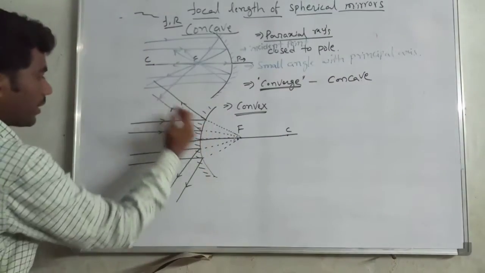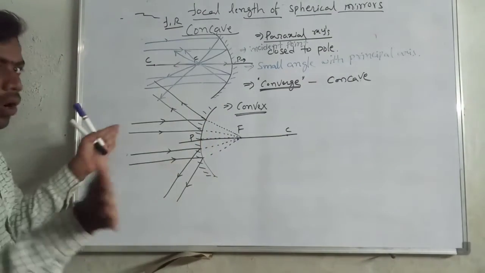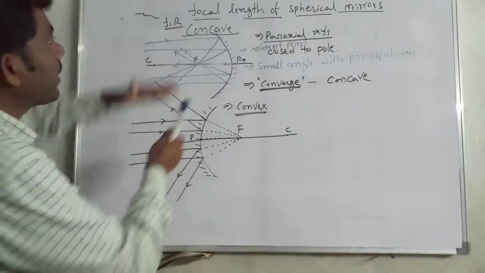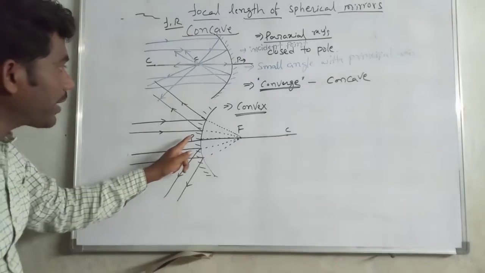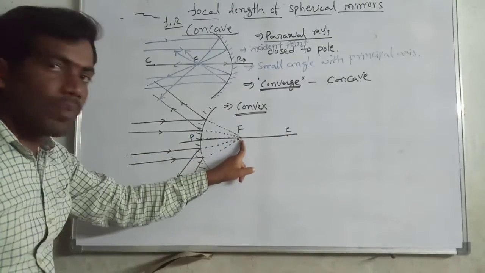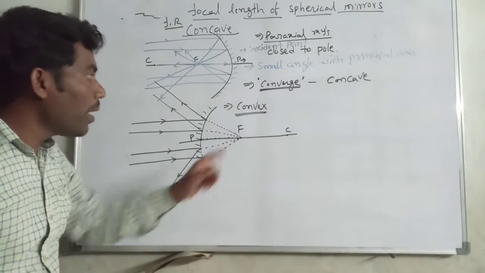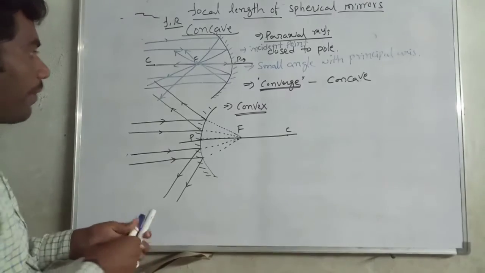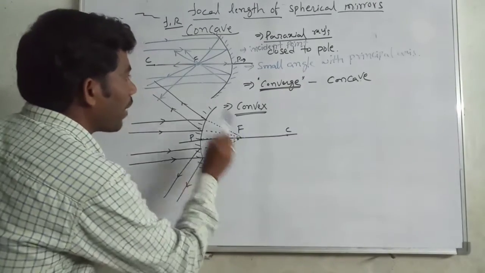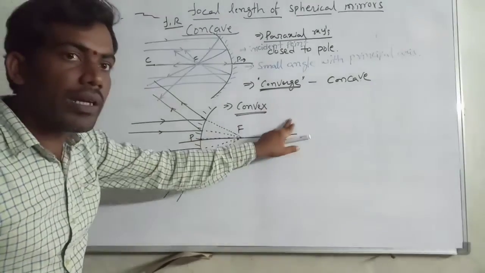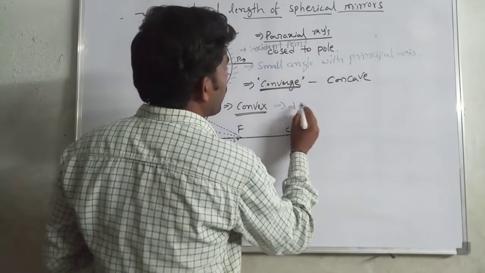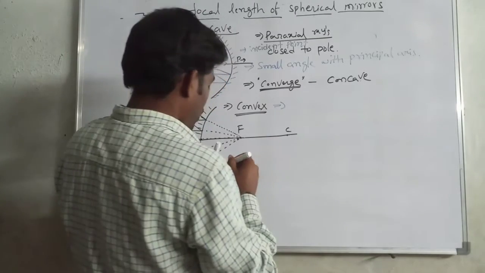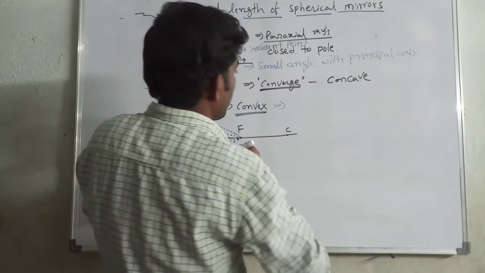See, these rays are going outward. In the concave case, all rays coincide at a point, but in this case the rays diverge from the point F. So the convex mirror gives divergence.